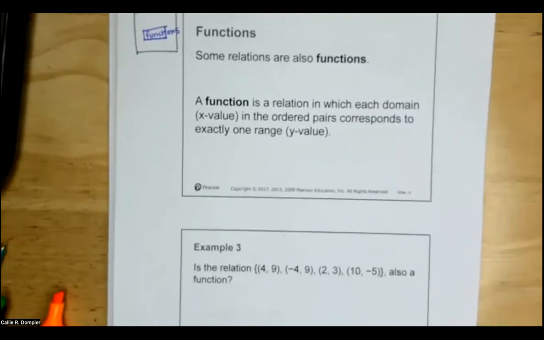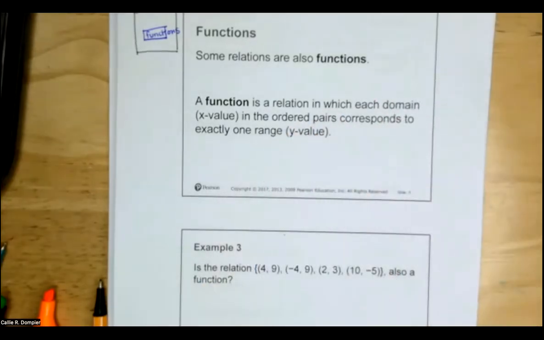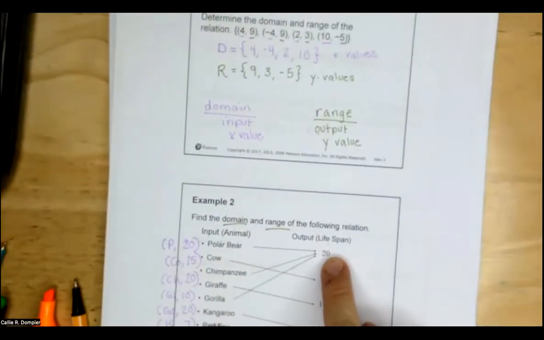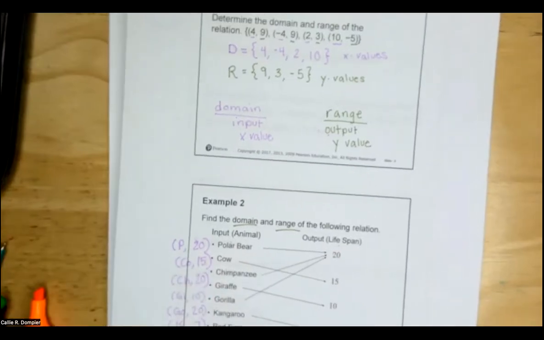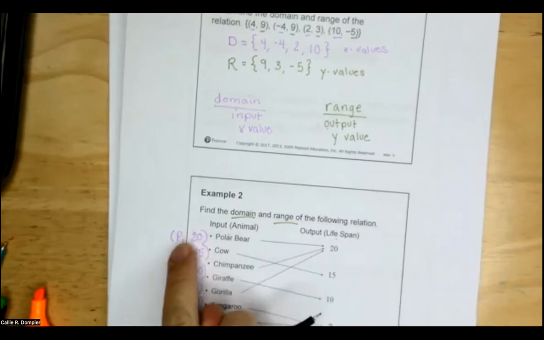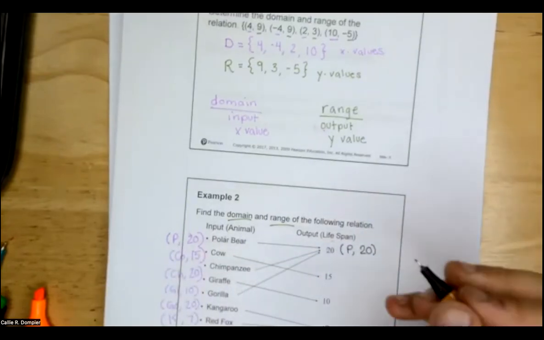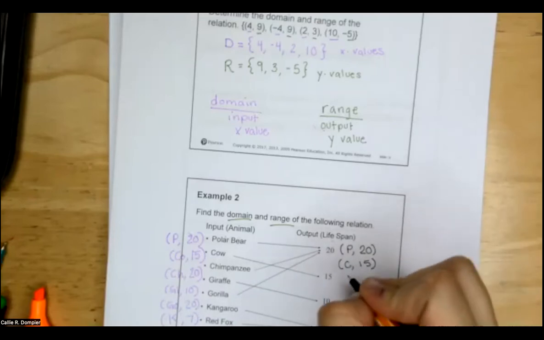A function is a relation in which each domain corresponds to only one range. Each domain has only one range, okay? When we looked at the animals, we said the polar bear has an output of 20. The chimpanzee also has an output of 20. So if I was to make that an ordered pair, the ordered pair would be P, 20, where P is my X, 20 is my Y. Cow would be C, 15, right?